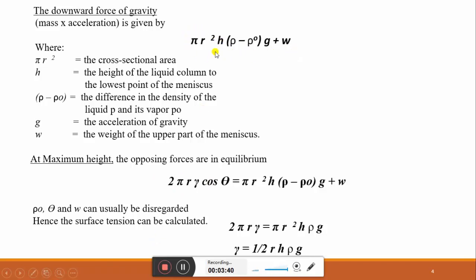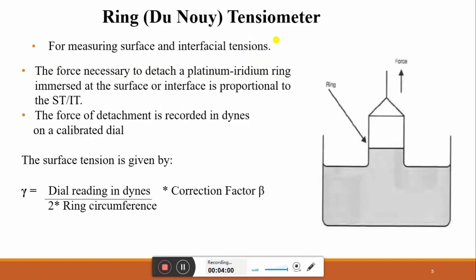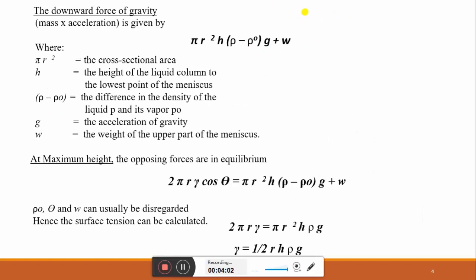Here pi r square is the cross sectional area of the capillary, h is the height of the liquid column to the lowest point of the meniscus, rho minus rho 0 is the difference in density of the liquid and its vapor, g is the acceleration due to gravity, and w is the weight of the upper part of the meniscus. At the maximum point, the upward force and downward force will be in equilibrium.